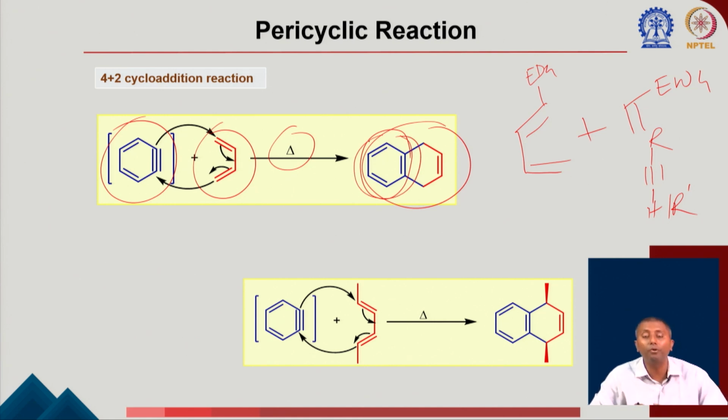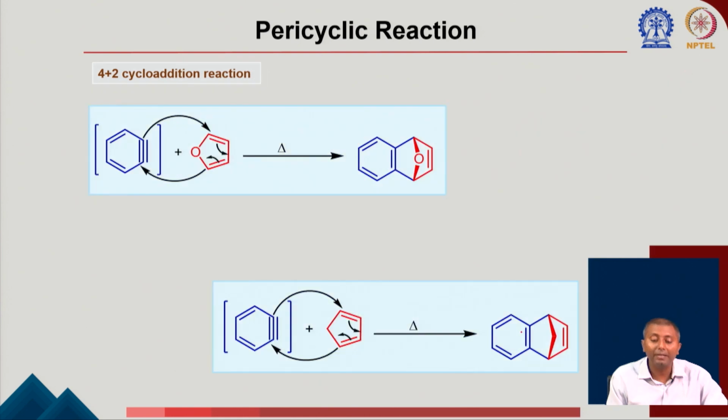All the rules you learned for the 4+2 cycloaddition remain the same. Here you have a methyl substitution, and the diene and dienophile come together in a facial approach, so both groups substituted on the diene will be up.